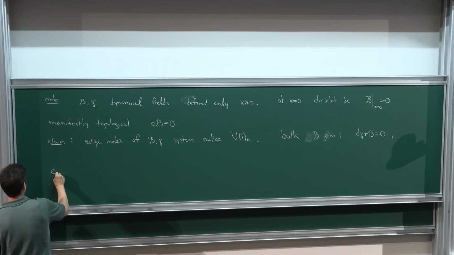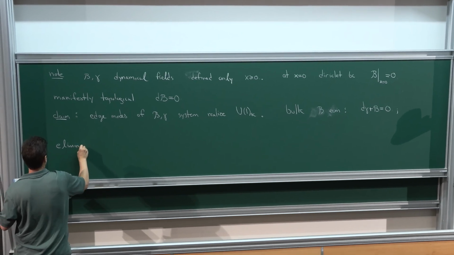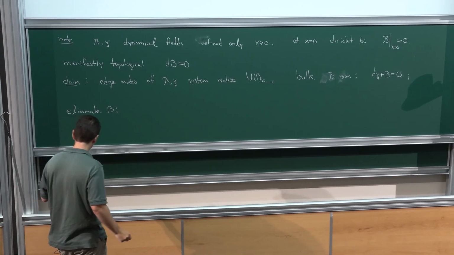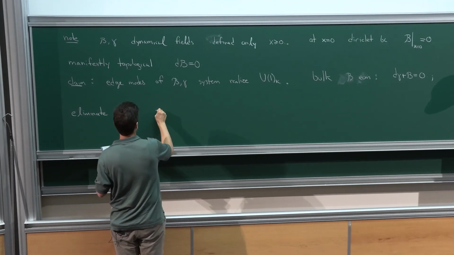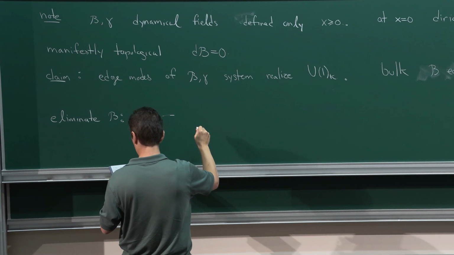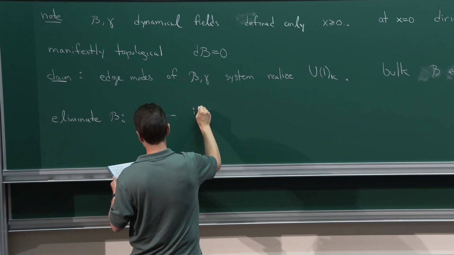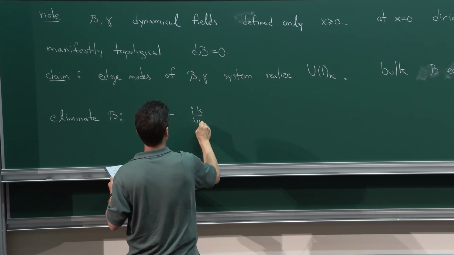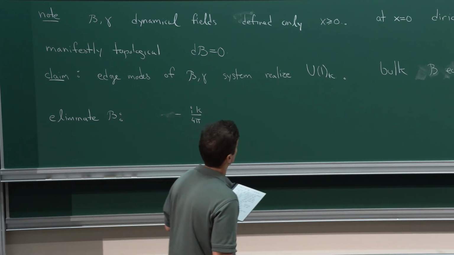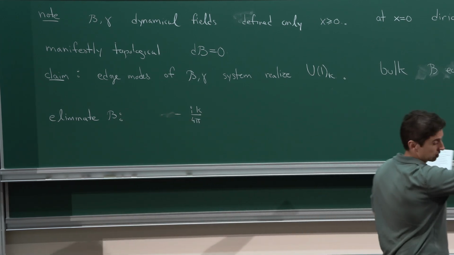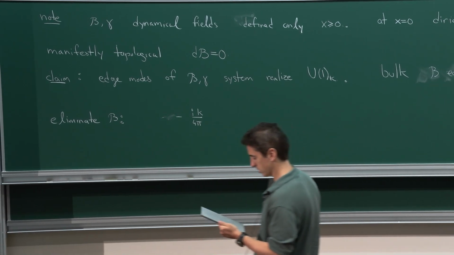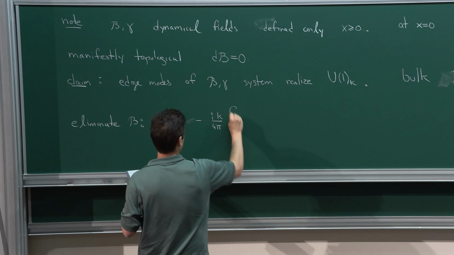So eliminate beta. And now what you get is minus ik over 4 pi. I'm not keeping track of the coupling to little f right now, but of course you can complete the square with that as well. That's not very hard, but let's just keep with this part.